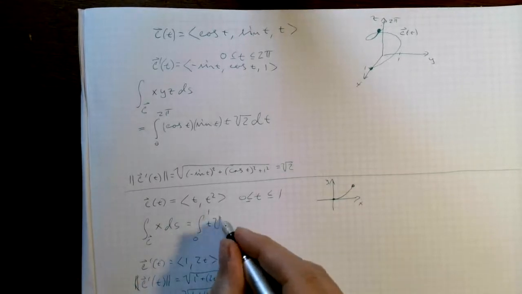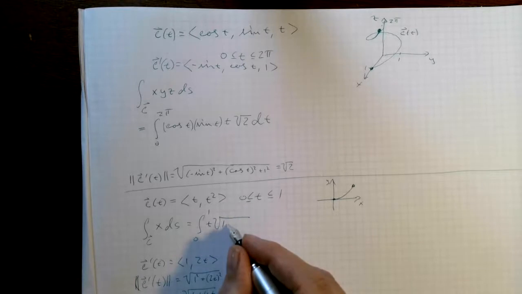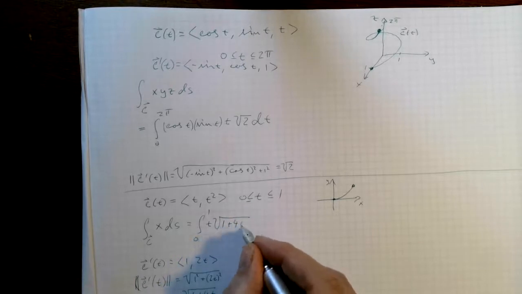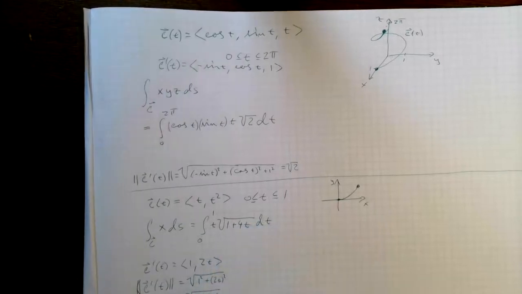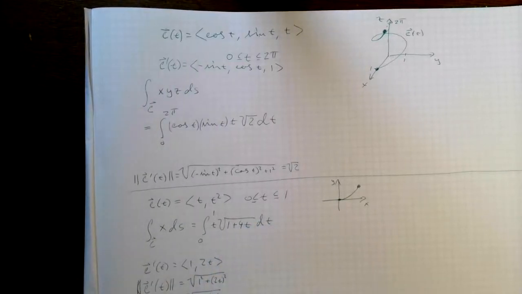So it's the square root of 1 plus 4t squared dt, right?